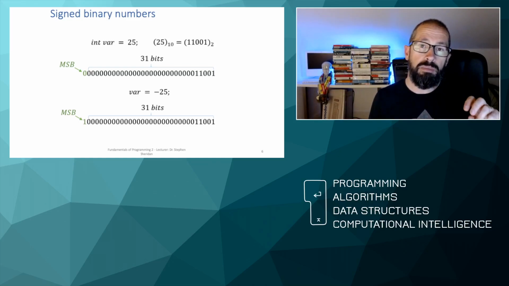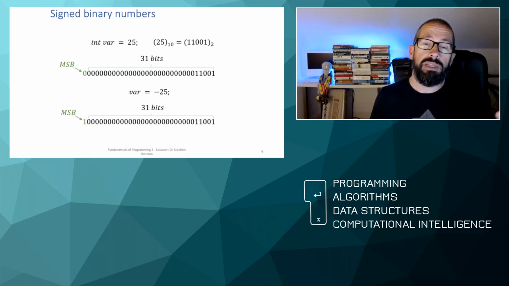Now if that bit is 0, then it's a positive number, but if that most significant bit is set, well then that represents a negative number. So that bit string is almost the same for a plus 25 and a minus 25, except that the most significant bit will be set to 1 where the number that we need to represent is minus 25.